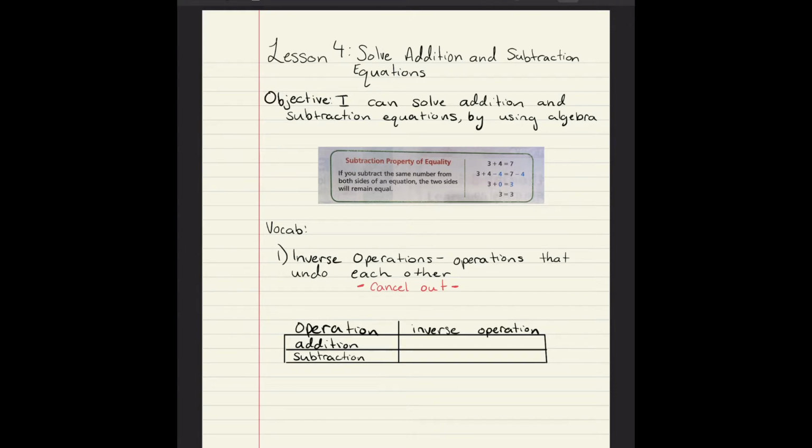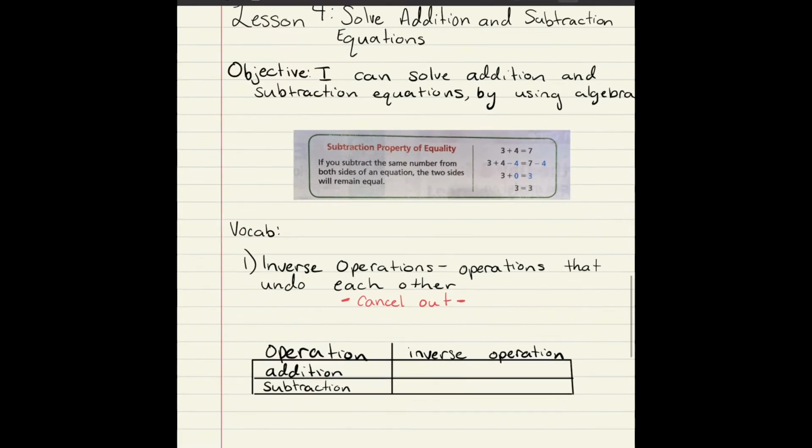We're going to go over the subtraction property of equality, which is if you subtract the same number from both sides of an equation, the two sides will remain the same. So we can see here that 3 plus 4 equals 7 is true. It's equal, right? Because if we were to add 3 plus 4, we would get 7, and that's equal to 7.